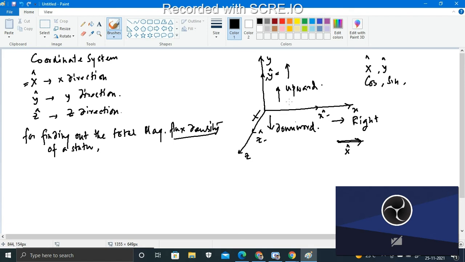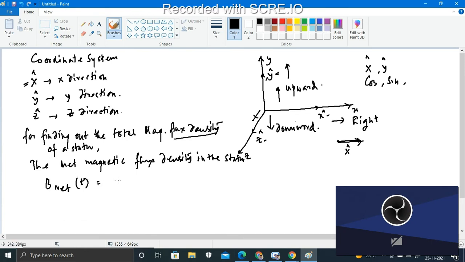So what will be the net magnetic field at a particular time interval t? The net magnetic flux density in the stator is given by B net at a certain interval of time t.